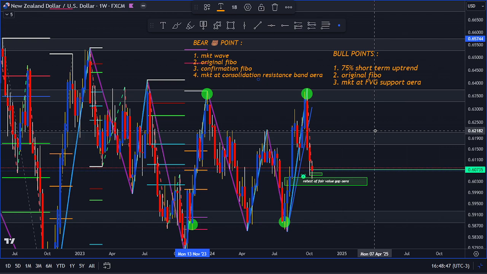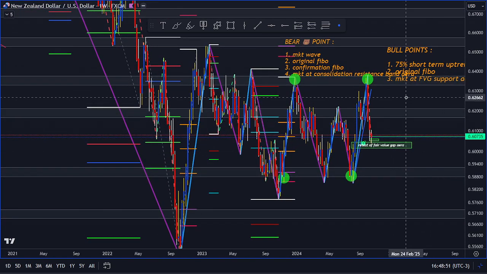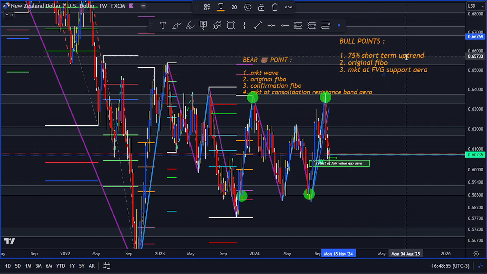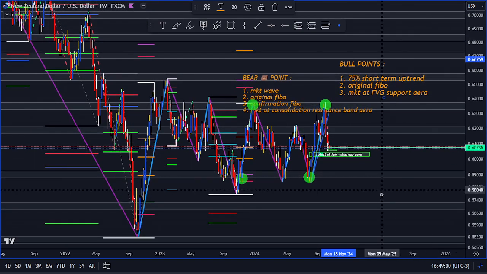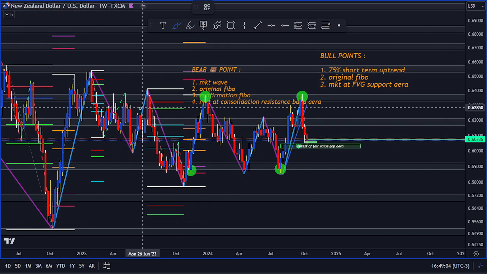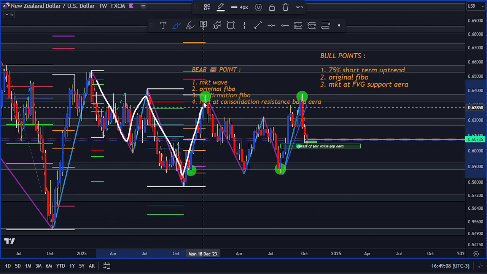Well, for me, the bears are going to win because we have 4 points, and this one has just 3 points. As you can also see from the bull point, 75% short-term uptrend, and the highs that we can see here, the market back in time: lower lows, lower high, lower lows, and it made a higher high.